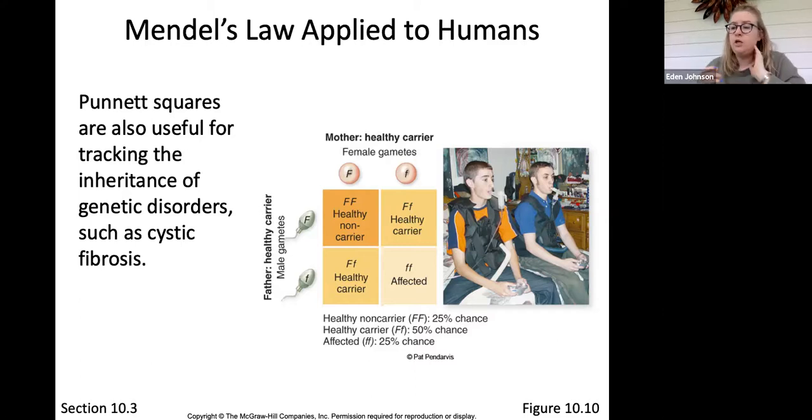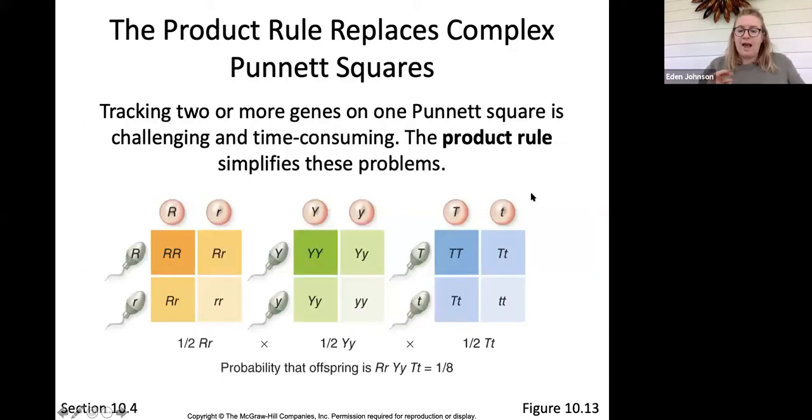You harvest eggs and then you harvest sperm, you put them all together and you make embryos, and then you test those embryos for which ones of them are healthy carriers, healthy non-carriers, or are affected individuals, and then you can implant into the female's uterus the embryo or embryos that are not affected or are carriers.